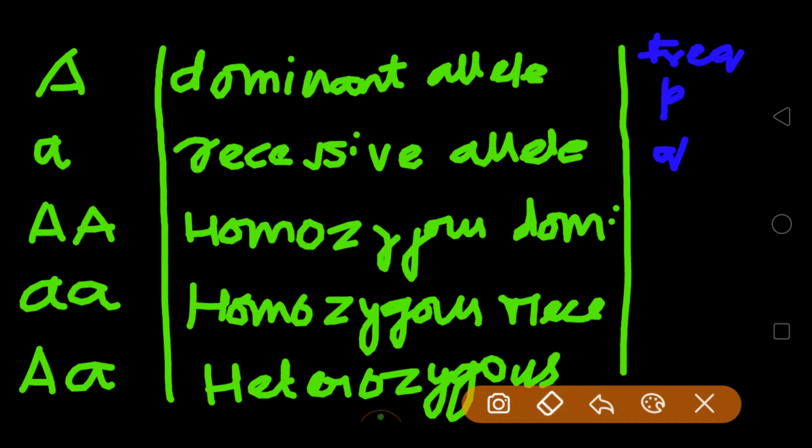For the homozygous dominant, capital A capital A, the frequency is p square. For the homozygous recessive, q square. For the heterozygous, it is 2pq, not pq, 2pq.